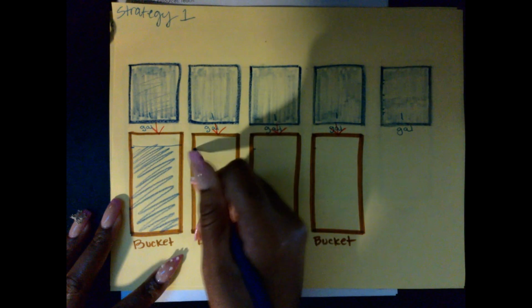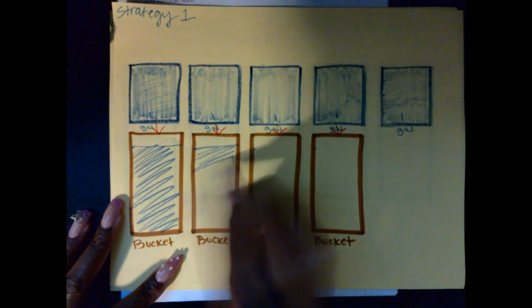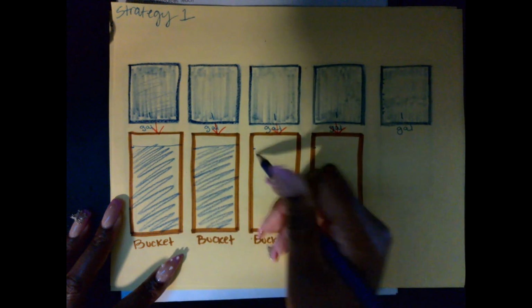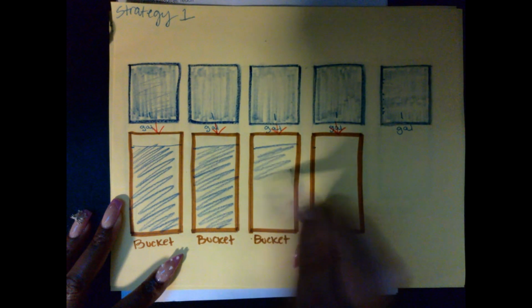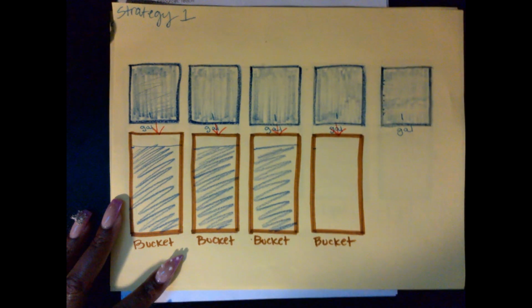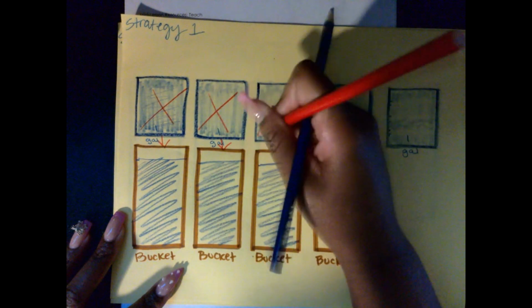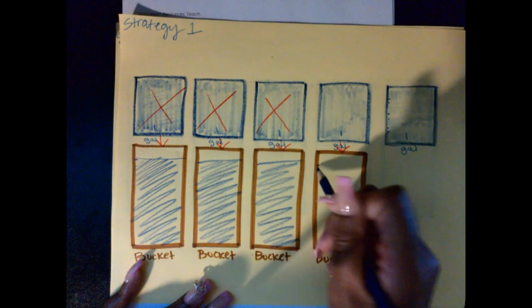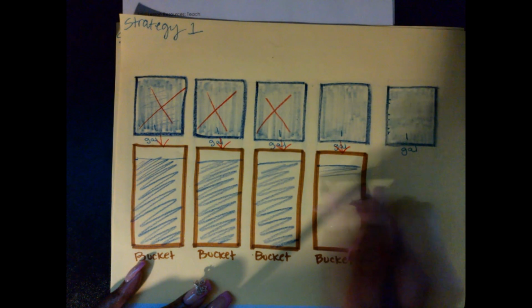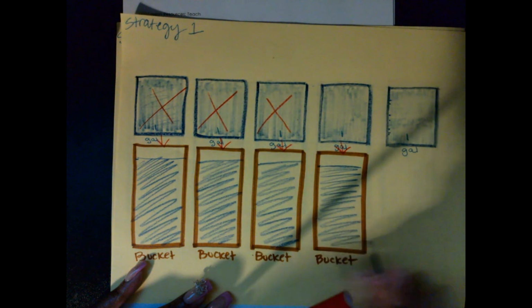Bucket 1 is going to get a gallon. Bucket 2 is going to get a gallon. Bucket 3 is going to get a gallon. I have to cross out what I have poured into the buckets. And then bucket 4 is going to get a gallon as well. So we can cross that out.